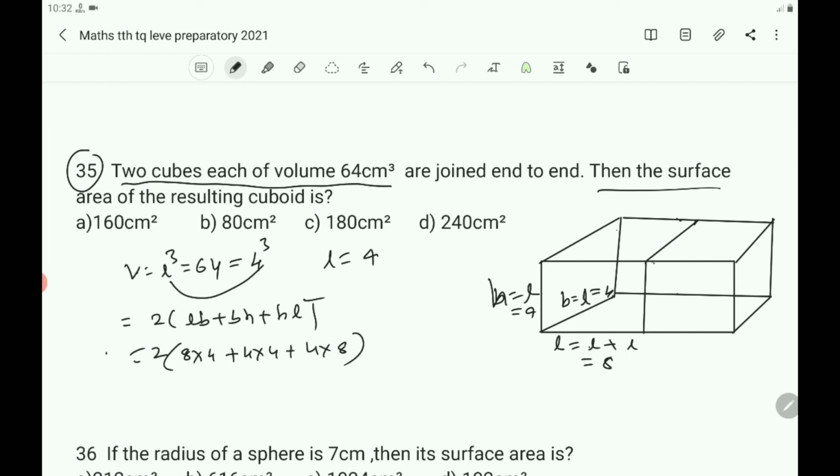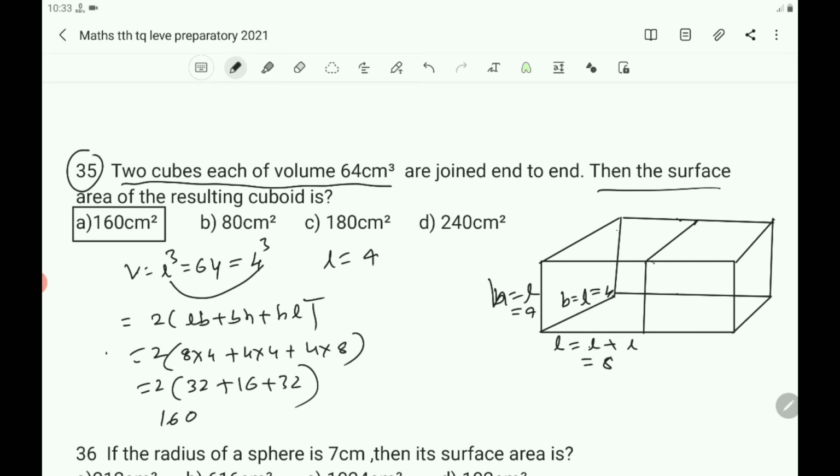Then it becomes 2 into 32 plus 16 plus 32. Then 32 plus 32 is 64, 64 plus 16, you will get 80. 80 into 2, you will get 160. Then what is the answer? The answer is 160. So you must be fast in calculation.